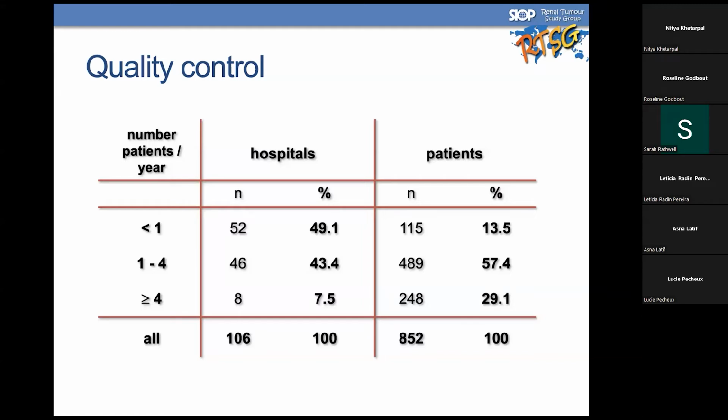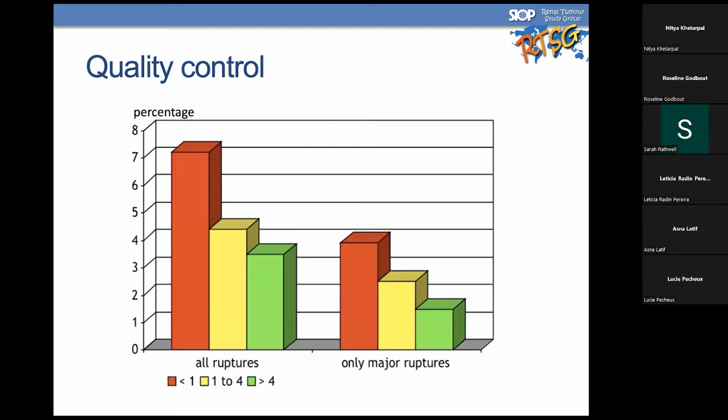And if you look into one single question, here you see the numbers of hospitals, and just look at what happens in those hospitals treating less than 1 patient a year, in red bars, and those treating more than 4 patients. You see that in surgery, there is a higher percentage of patients where the tumor did rupture during surgery.